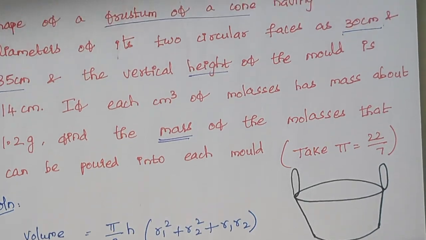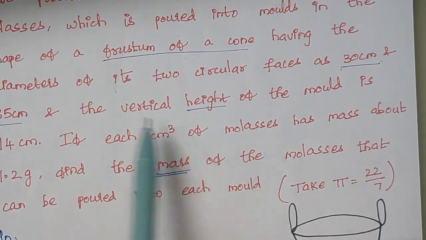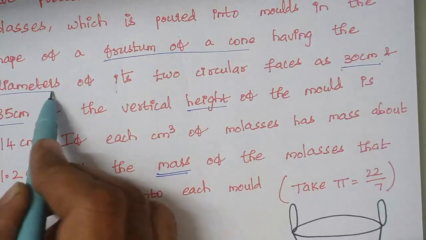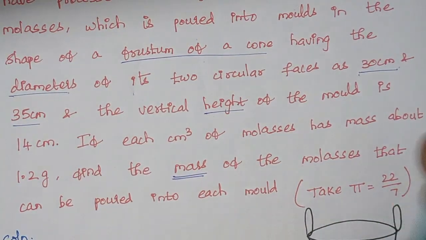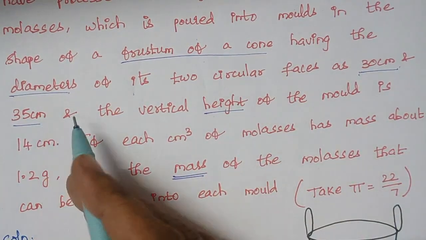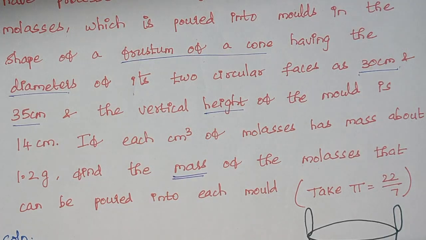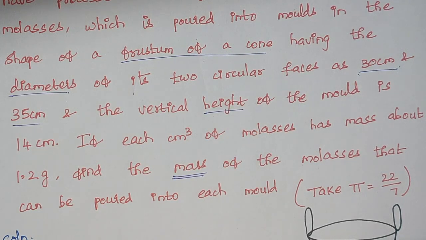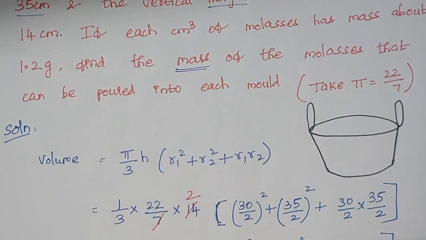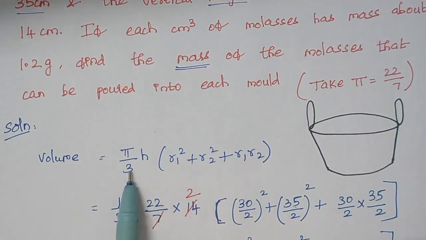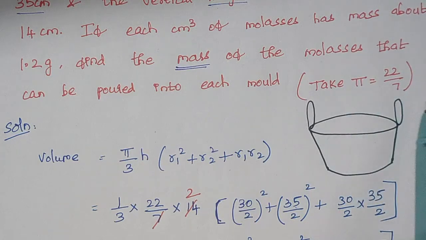So here what are all the things which is given? You see, the diameters are given. The diameters are given as 30 and 35. So radius is, we have to divide them by 2. So here you see, I had written 1 by 3 separately. 1 by 3 into, we have to take pi as 22 by 7.